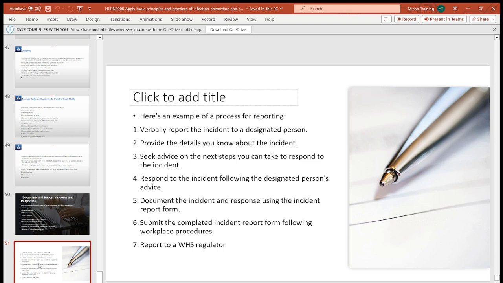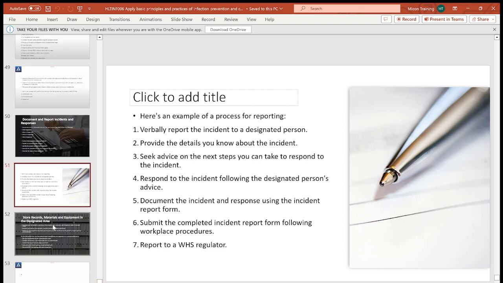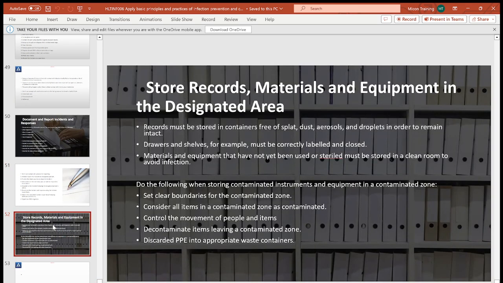Once all this is done, we need to document the incident and response using the incident report form. Submit the completed incident report form following the organization's policies and procedure, and we need to report this to the WHS regulator, depending on the organization's policies and procedure.